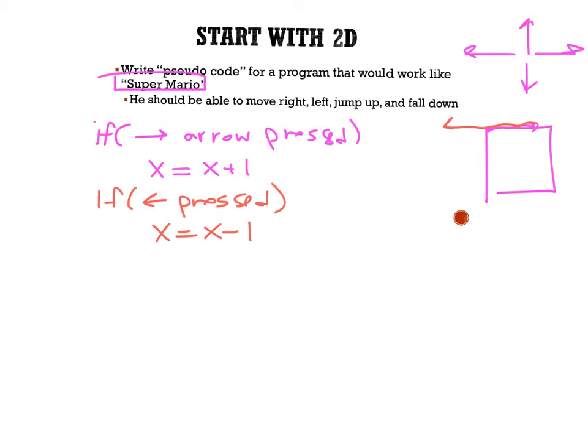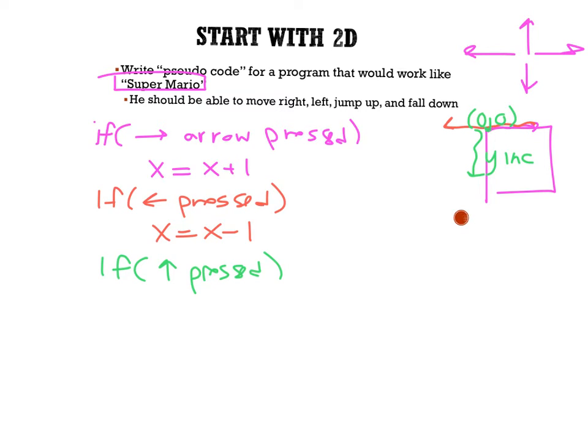And then from here, okay, I think if the up arrow is pressed, and this I have to think about a little bit more. Okay, if the up arrow is pressed, and I remember that this upper left-hand corner is 0, 0, when we're going down, y is actually increasing, and I want the opposite to happen.